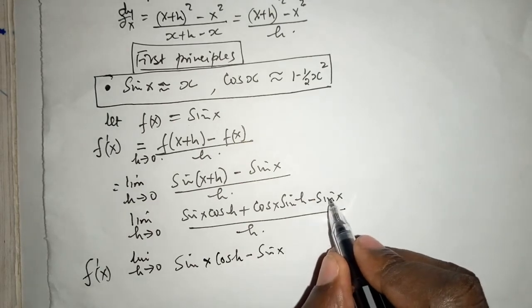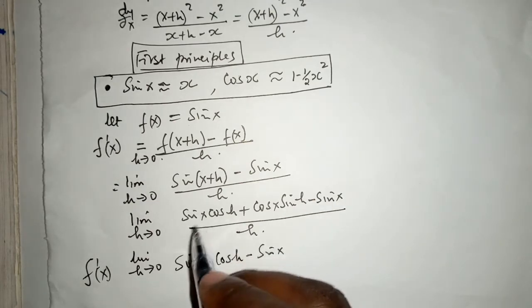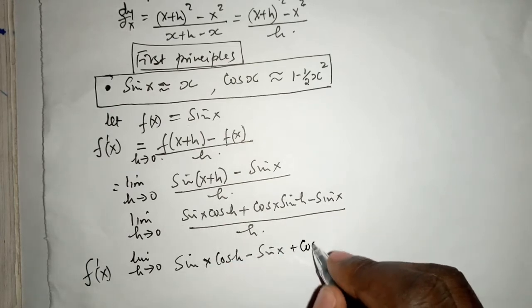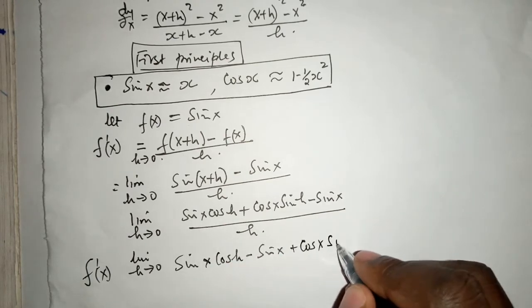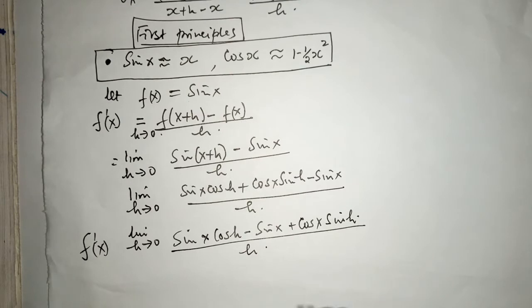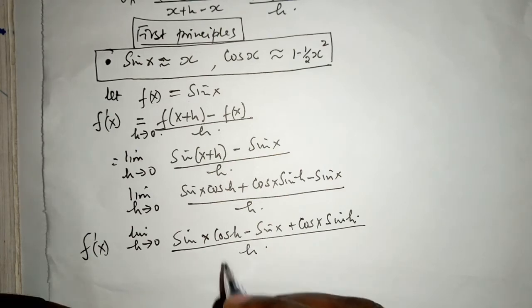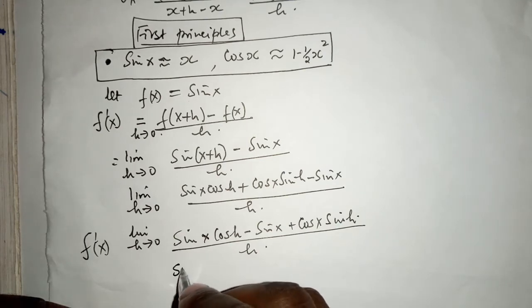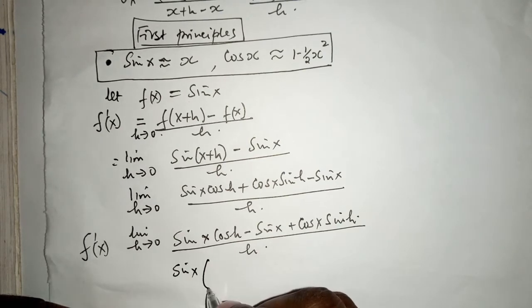We just brought this negative sine x to this side because we are likely to have like terms there, plus cosine x sine h, everything over h. And sure enough, we have to have sine x outside.